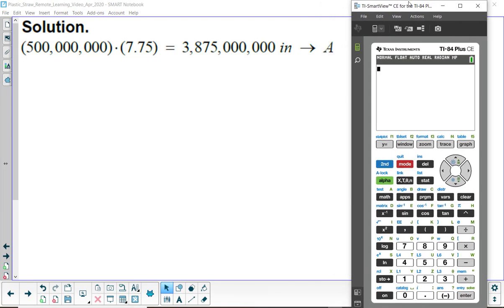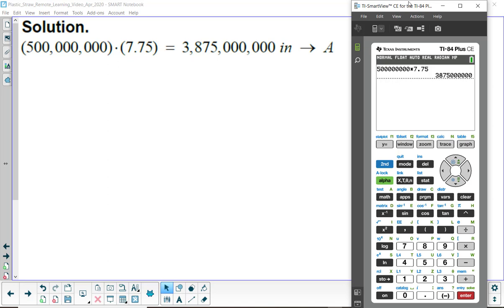All right, so in the calculator, I'll type in 500 million times 7.75 for 7 3/4 inches. And we get this huge number, 3 trillion something inches, okay?